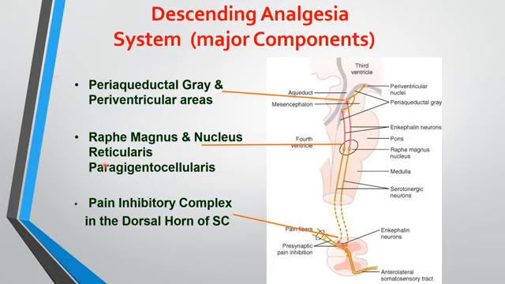From these three structures, the fibers of the descending pain pathway are sent down to the spinal cord level so that the pain sensation is inhibited.